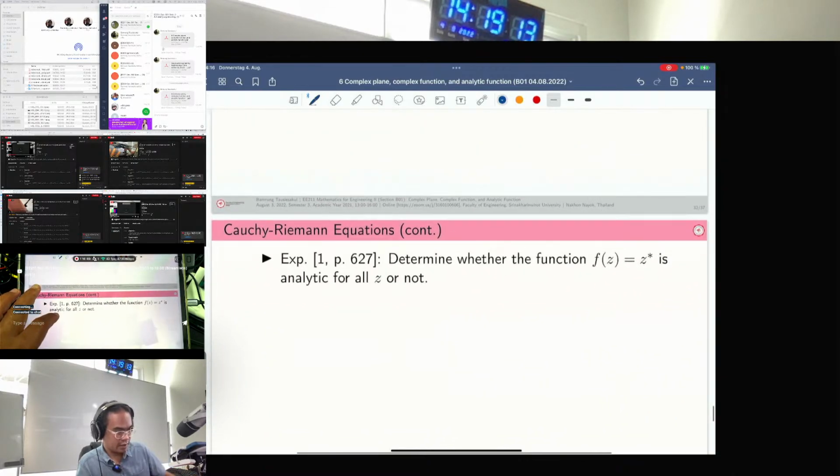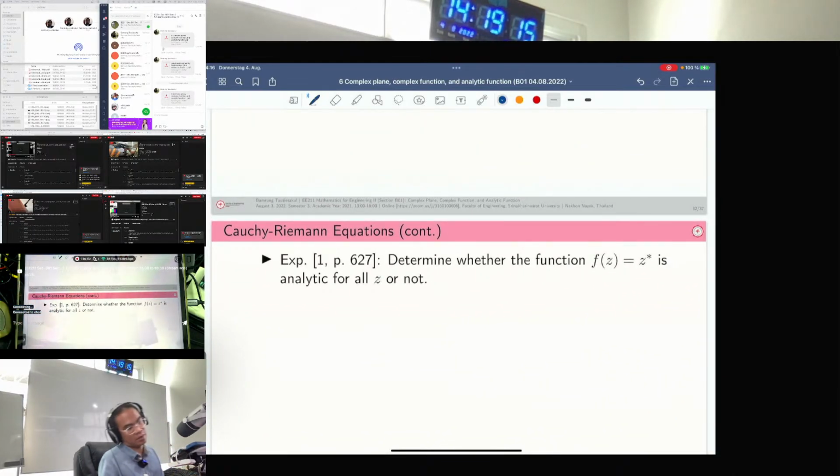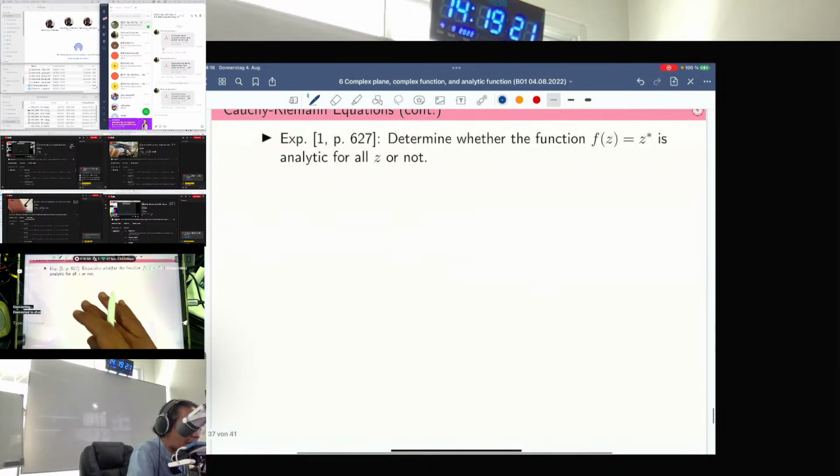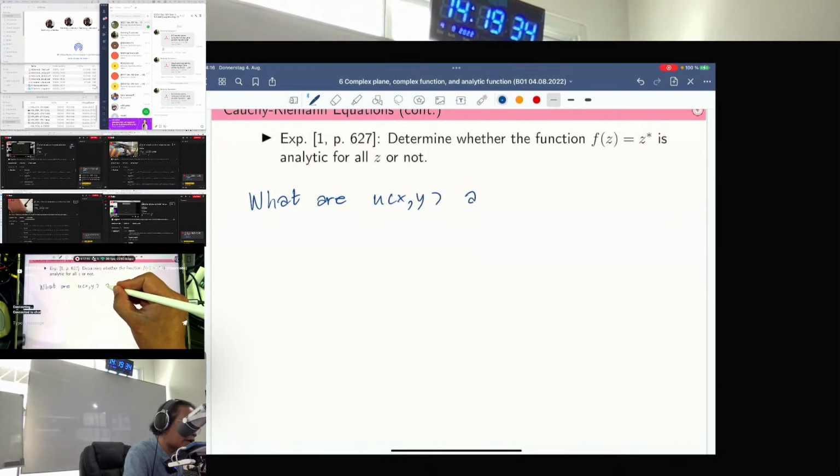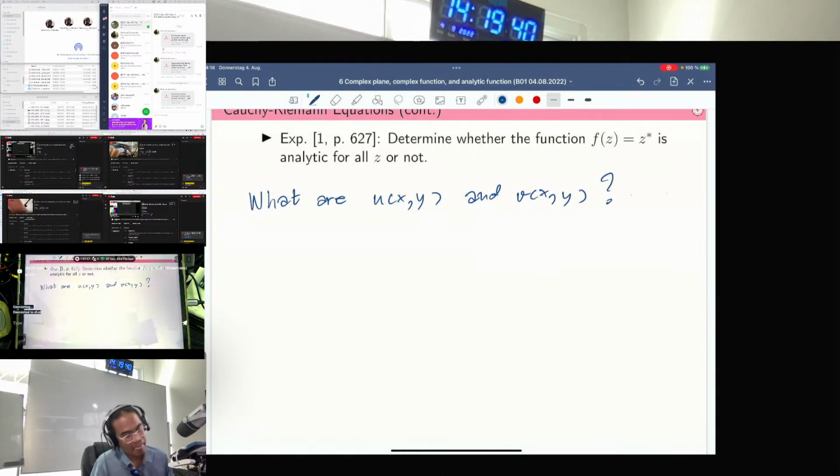Now let's consider the next function, which is the conjugate. We have to find first what u(x,y) and v(x,y) are.